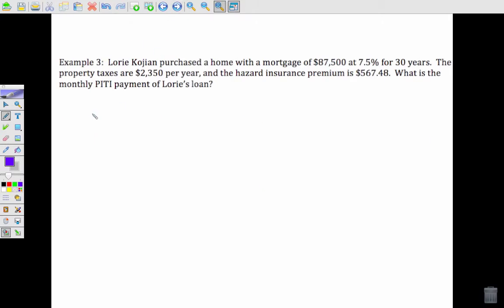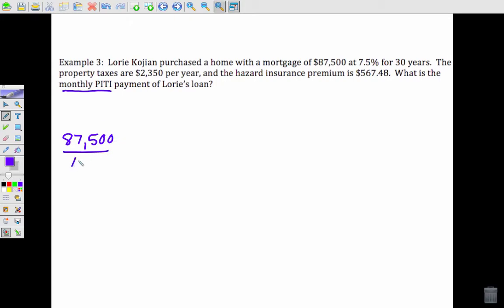Okay, here we go. Lori purchased a home with a mortgage of $87,500 at 7.5% for 30 years. The property taxes are $2,350 per year. Hazard insurance is $567.48 for a whole year. What is the monthly PITI payment? Well, in order for us to figure this, we need to figure out the payment itself.